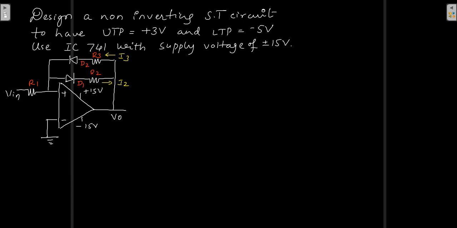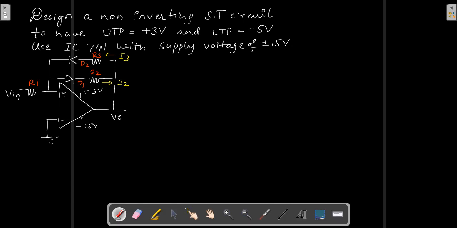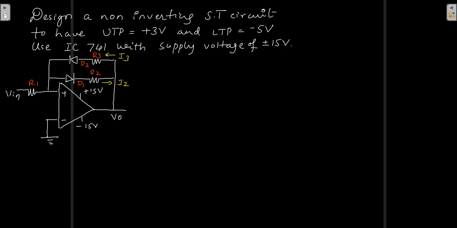Now all of you first please draw the waveform. That is very important here. Please draw the waveform and you can assume any input voltage V in, which should be much greater than your 5 volts, because your LTP itself is minus 5 volts, right? So can you draw the input and output?